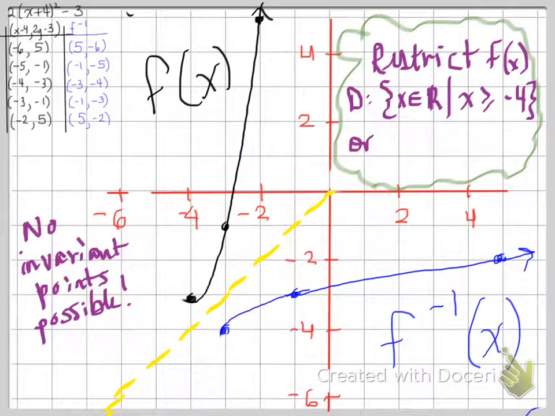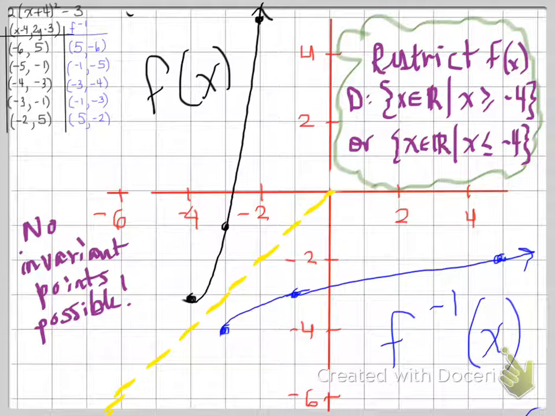Now, keep in mind, when we restrict the domain, we have to restrict it either greater than or equal to -4 or x belongs to real such that x is less than or equal to -4. So again, the domain would be restricted so it's less than.